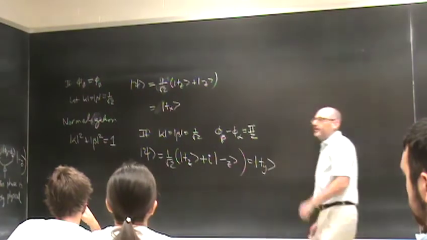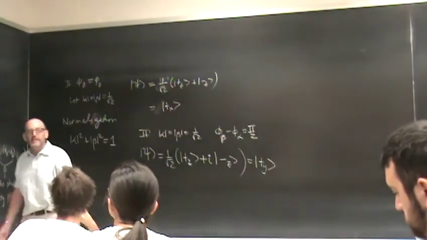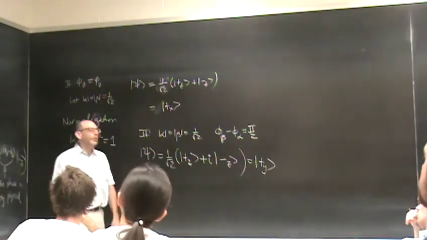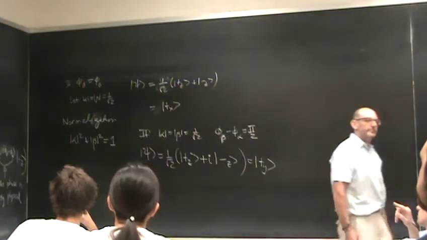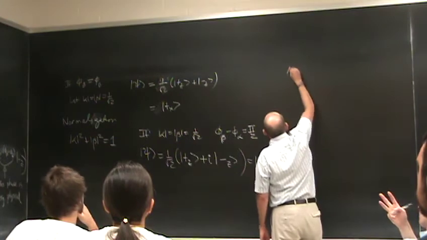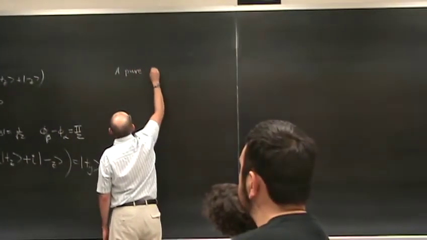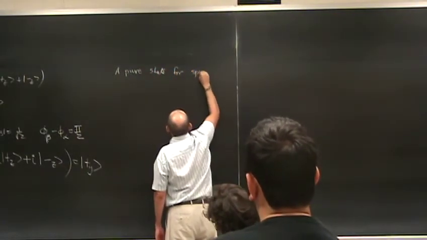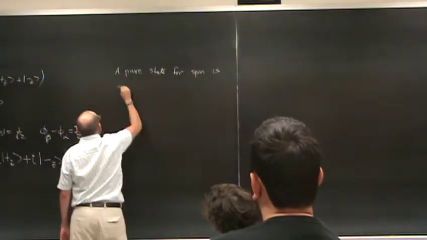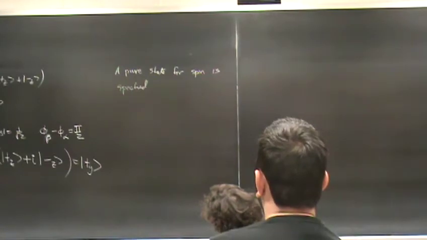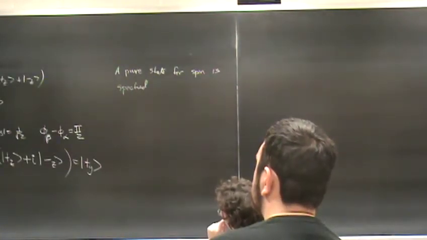How many real parameters does it take to specify a pure state of spin 1/2? Now if I look at this expression over here, I need to specify the relative phase.